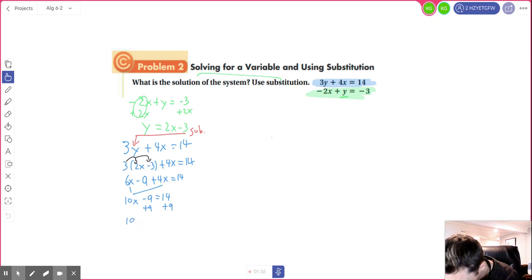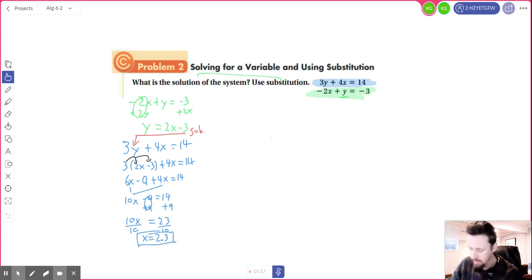I get 10x, 9's go away, equals 14 plus 9, which is 23. Divide by 10, divide by 10, x equals 2.3.